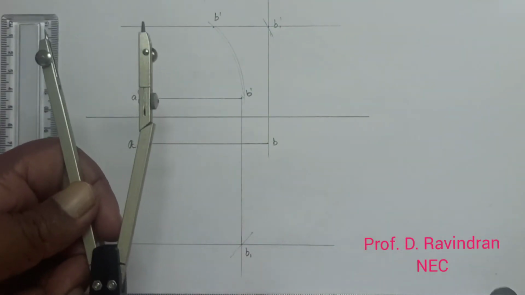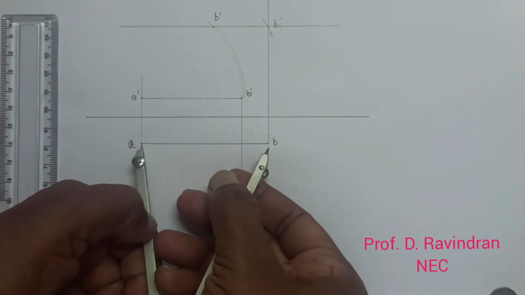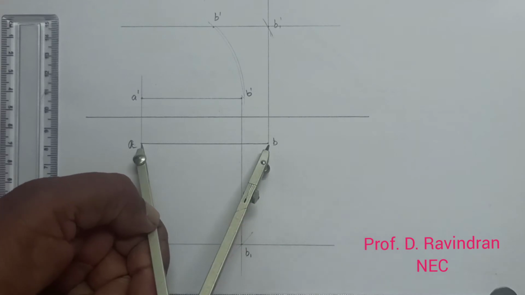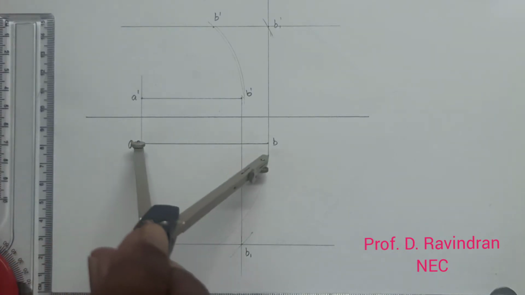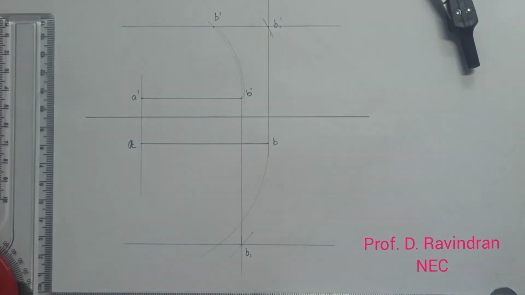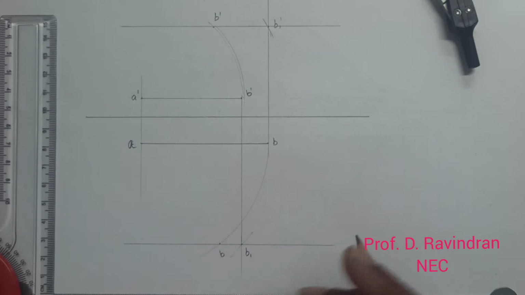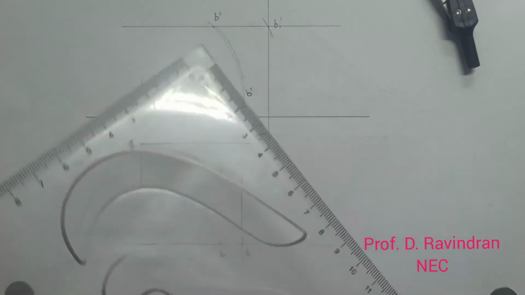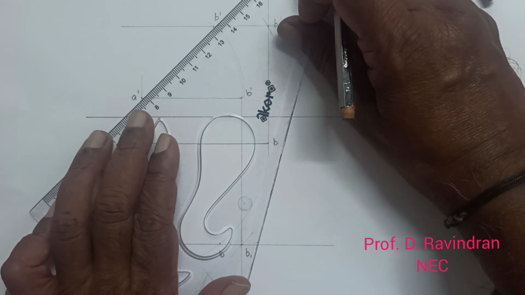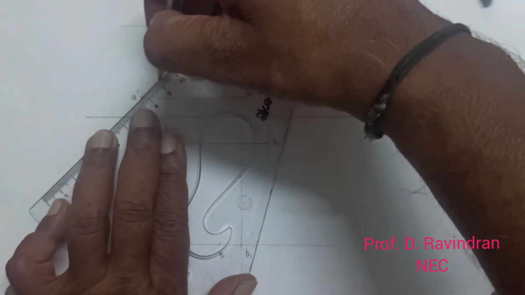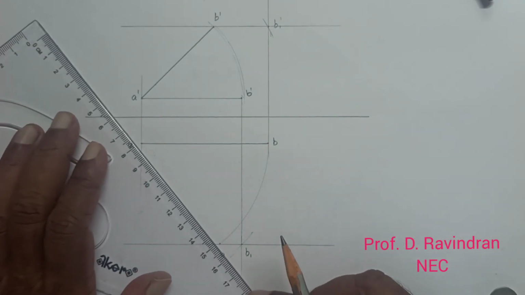Similarly, I can set the dimensions in the top view, and then draw an arc downward to cut the locus. So this is the point going to be your B. Now A and B dash I can join by a dark line. This is the front view and this one is the top view.